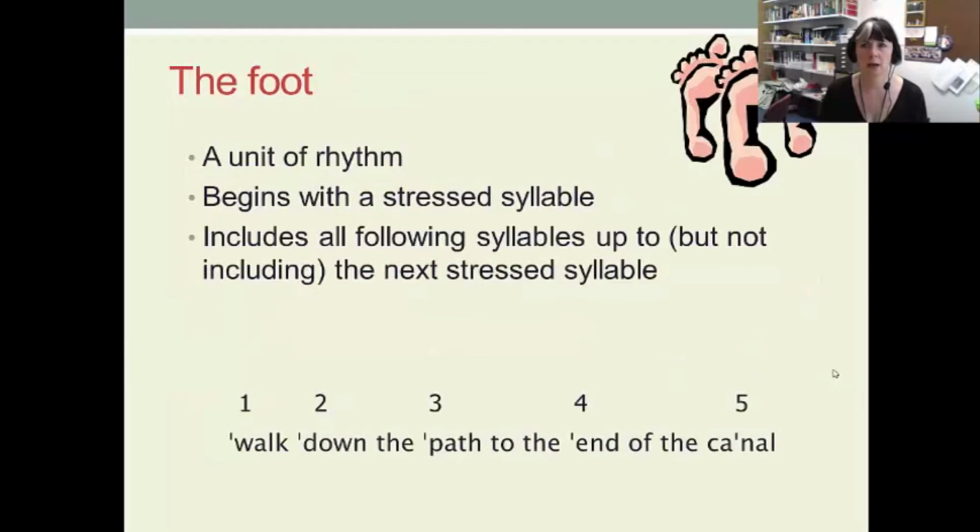So if we go back to our sentence, we can actually consider it in terms of the foot and how long it takes to say the foot. The foot is a unit of rhythm that's often used in poetry. So if we have our utterance here, walk down the path to the end of the canal, and we divide it into feet using these lines here, we can see that the foot begins with a stress and it includes everything up to, but not including, the next stressed syllable.